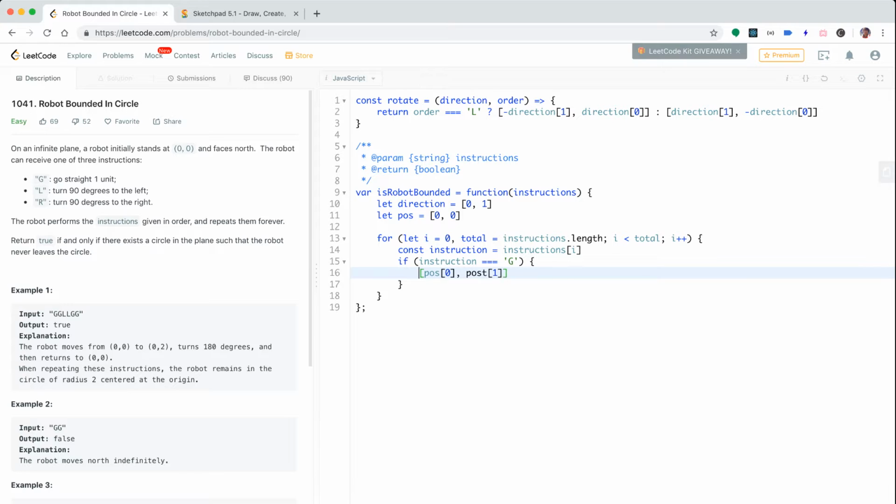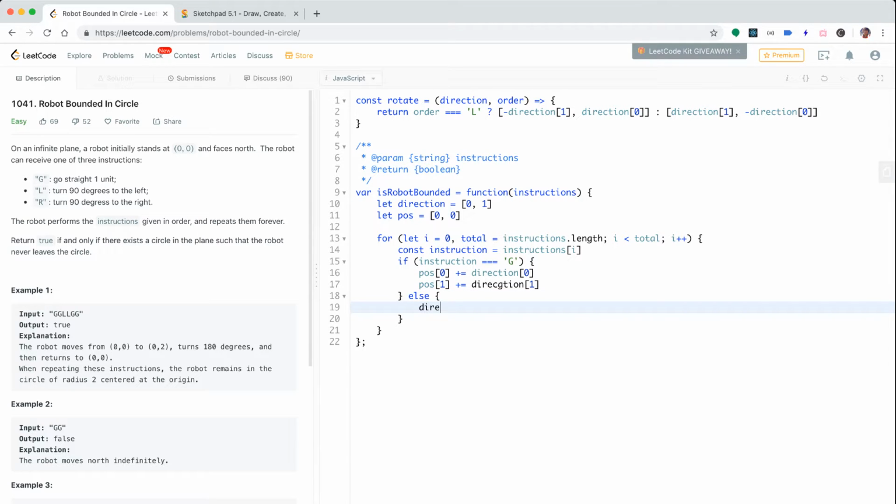Oh shit, I cannot do object assign. Position 0 plus equals direction 0, position 1 plus equals direction 1. If it's not G, we need to rotate the direction.